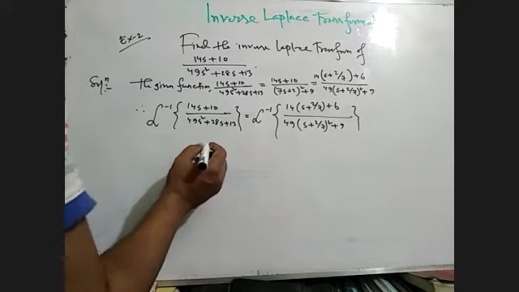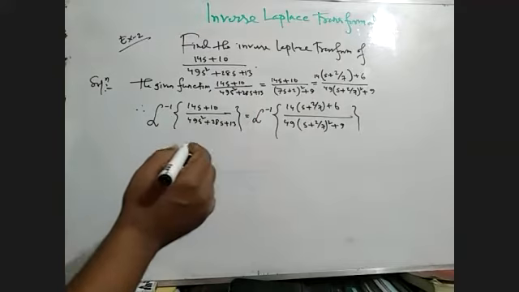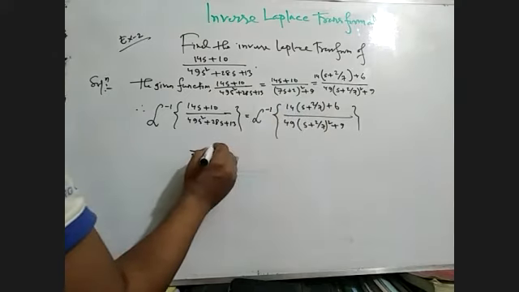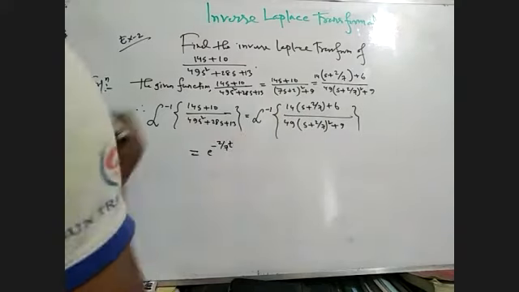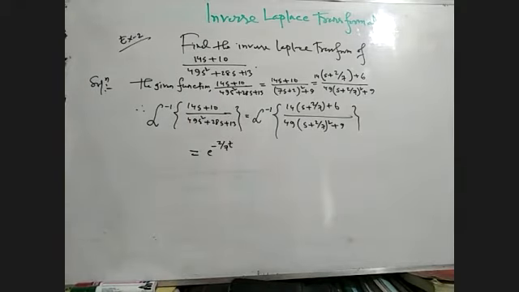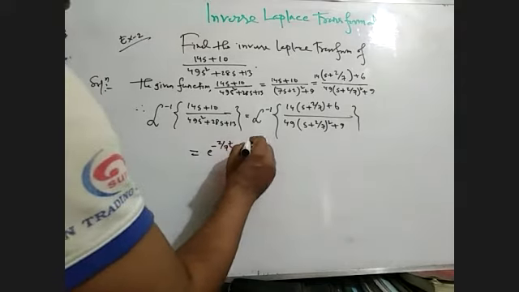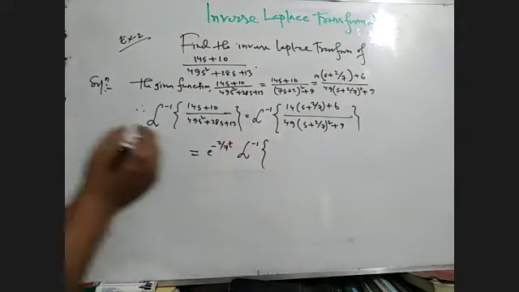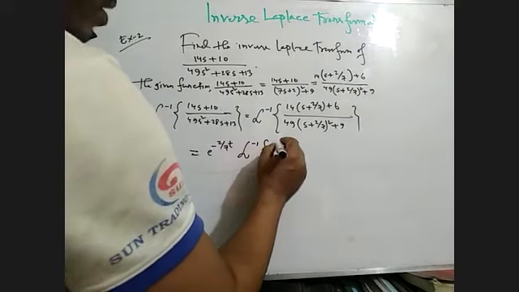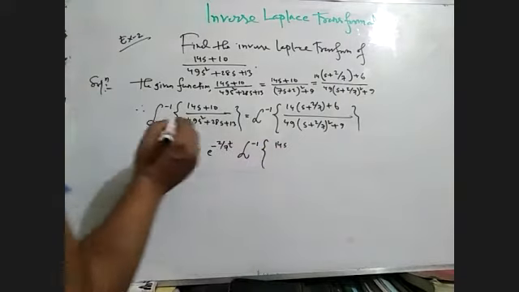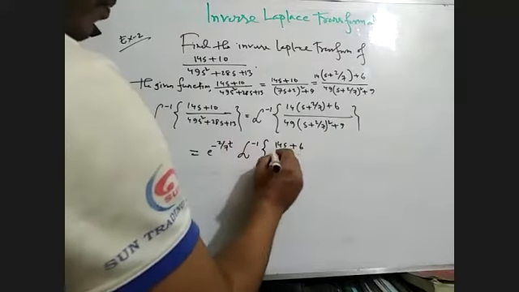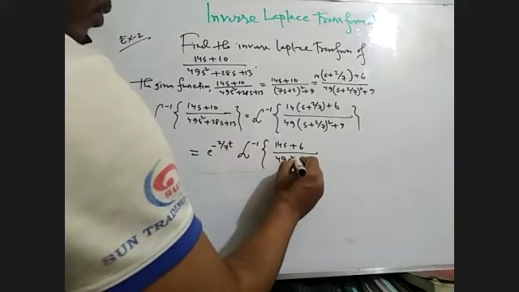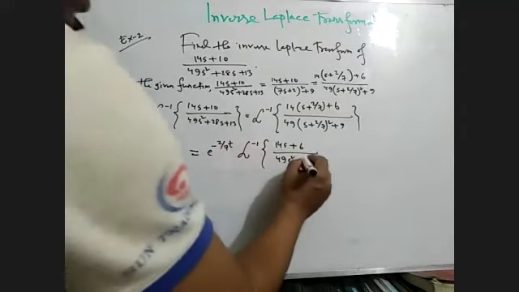Here a equals minus 2 by 7, so e to the power minus 2 by 7 t, e to the power minus at, times the inverse Laplace transformation of 14s plus 6 divided by 49s square plus 9.